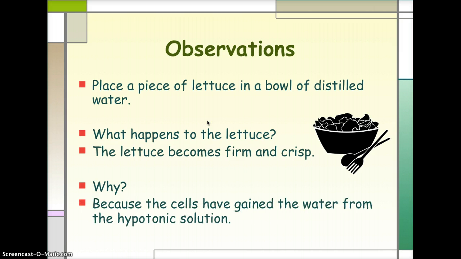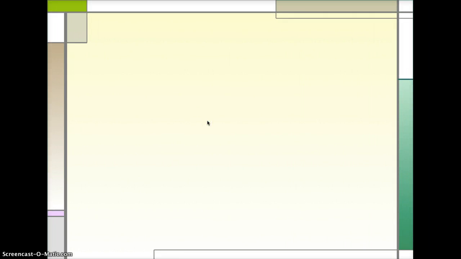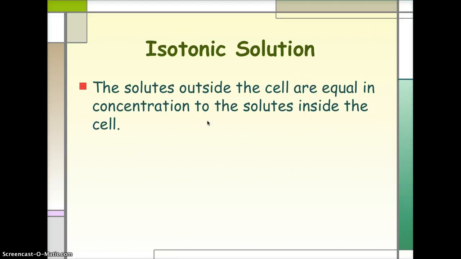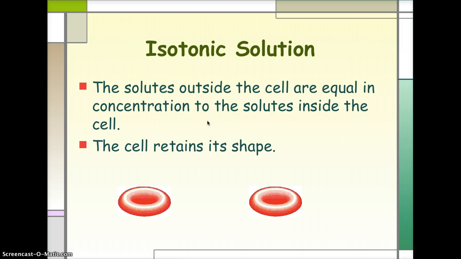Think about celery. If it's in your refrigerator and it's getting a little bit limp or not crisp, you put it in a bowl of water and bam, you have crisp celery again. Same thing. This is because of the hypotonic solution. Now, a solution that is isotonic means that the solutes inside the cell and outside the cell are equal, so the cell retains its shape.